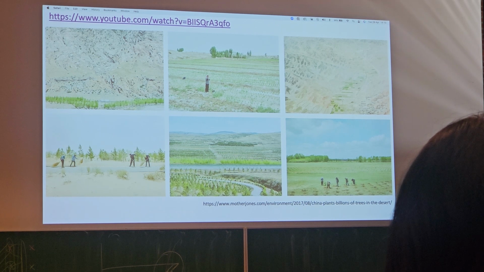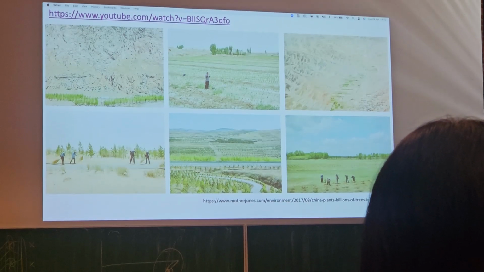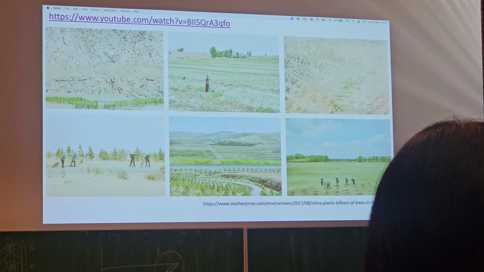And what's quite fascinating is that they changed the amount of the land covered. What was desert, they more than doubled the amount of land that was not desert in this one region. So it's quite a massive, massive scale.